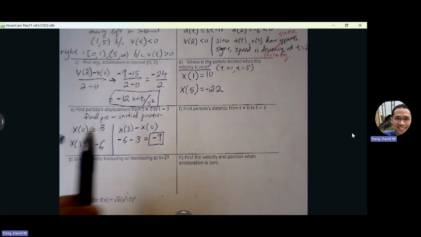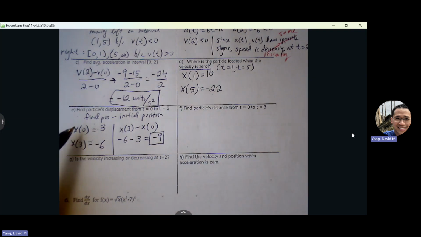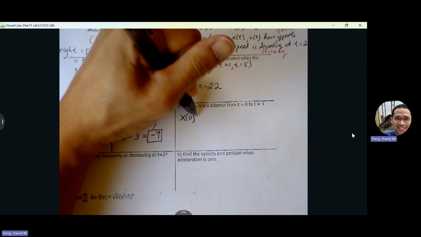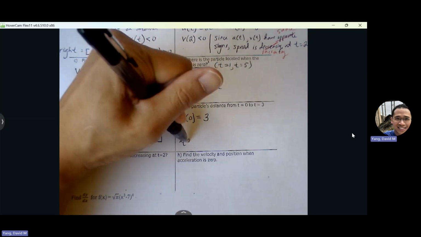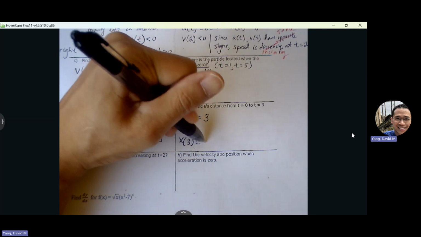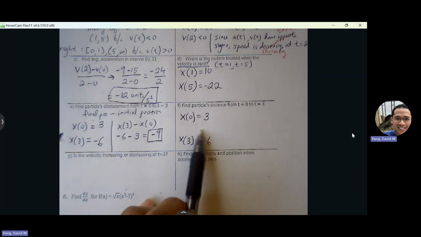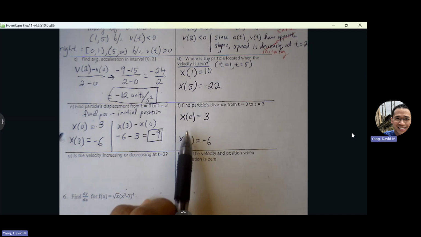Distance, we also are going to use largely the same data as displacement, but we may need an additional location depending on if there's a change in direction that the particle experiences. So we still want to use the starting location and the ending location, but there would not be any additional information needed if there's no change in direction.